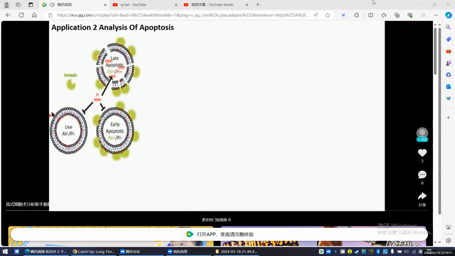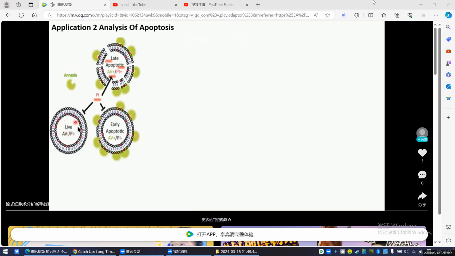We have live or healthy cells. In healthy cells, phosphatidylserine is present on the inner side of the plasma membrane. If a cell enters apoptosis, the membrane flips and the phosphatidylserine comes out, and we use a fluorescent labeled protein, annexin, which can bind to the phosphatidylserine that is now flipped outside.